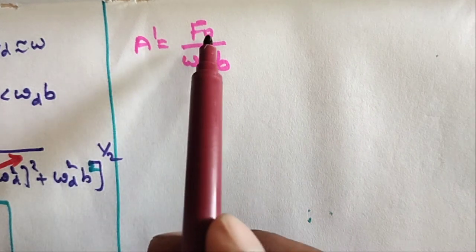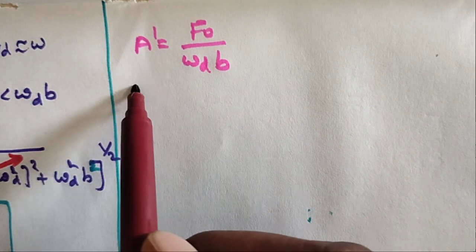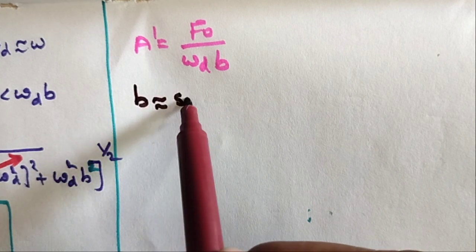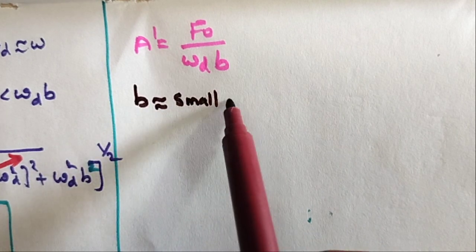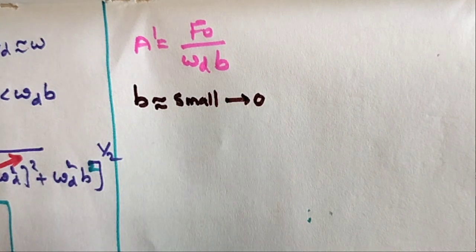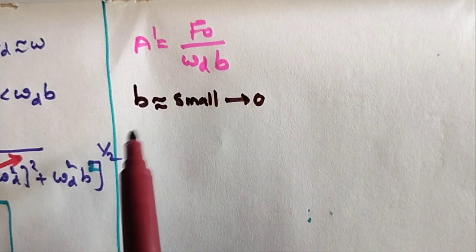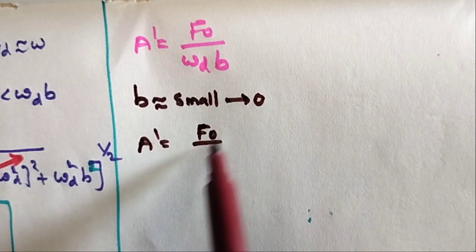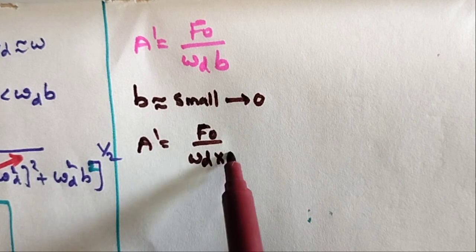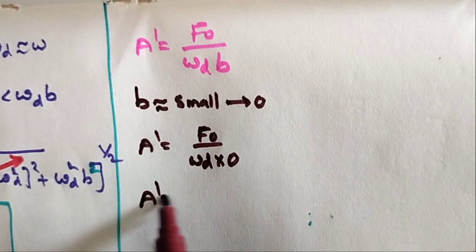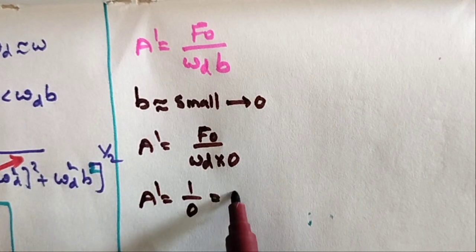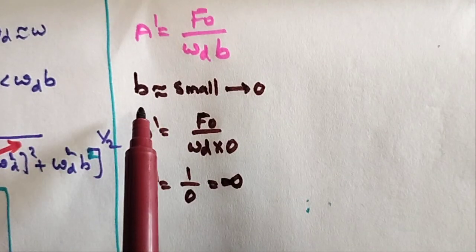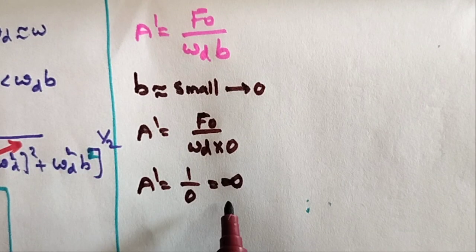In A dash equals F naught by omega d b, suppose the damping force b is very small, I am taking zero value. What is A dash? A dash is equal to F naught by omega d into 0, so A dash is equal to 1 by 0, which is infinity. That means the amplitude will be infinity.